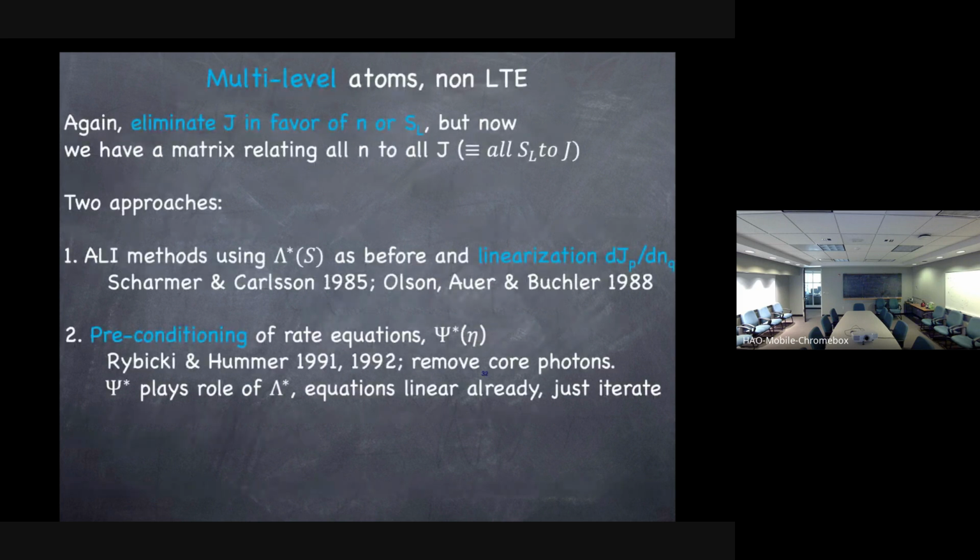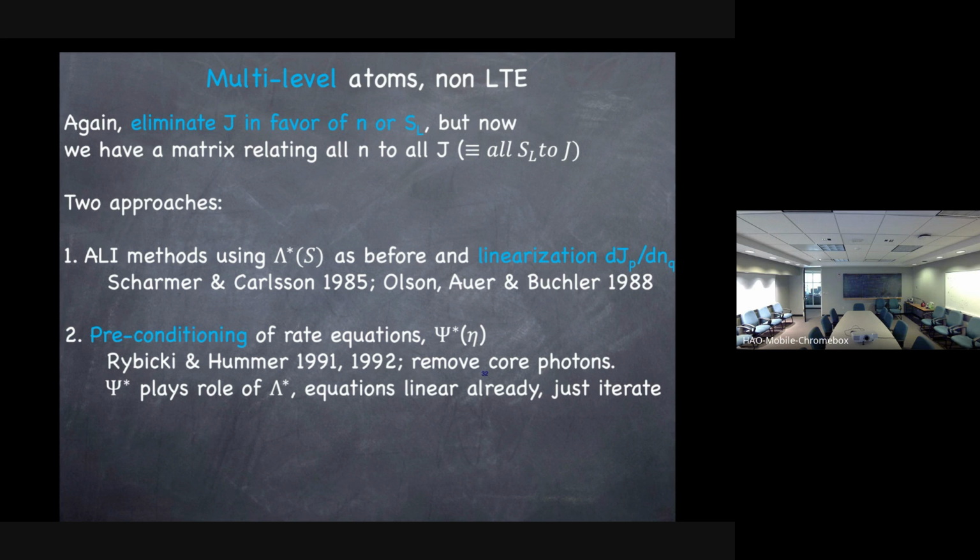Okay. So we're eliminating J in favor of N or S, but now we have a matrix relating N to all the J's. What does that mean? It means all the line source functions to J. So we've got an N by N matrix, but we've potentially got an N by N S_L to J conversion as well.